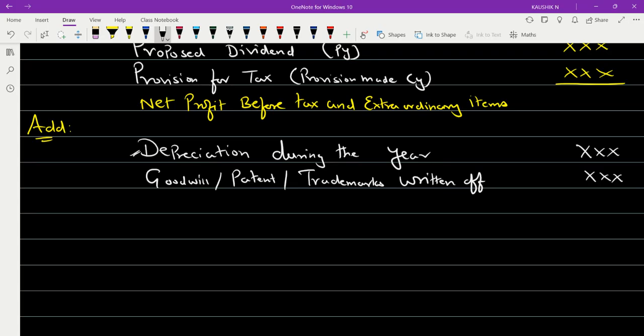If there is a necessity to prepare both the fixed asset account as well as the accumulated depreciation account, then from the accumulated depreciation account, you will get the amount of depreciation that has been charged during the year. That amount you will take to operating activity and show against depreciation during the year. Can you understand?